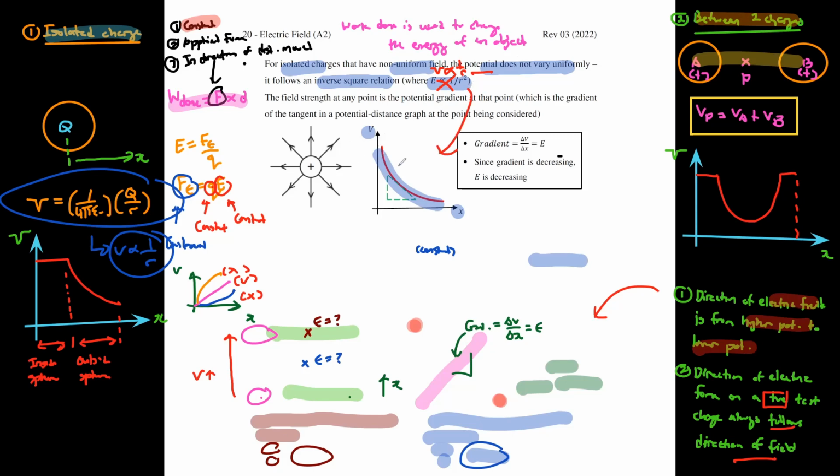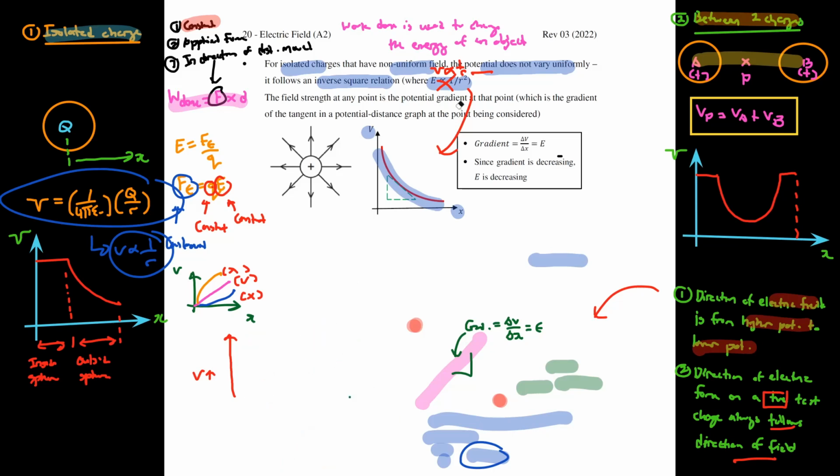Okay, now from that graph of potential versus distance alone, you will actually be able to find out how your field strength varies. That one is again by looking at the gradient of your graph, specifically the gradient of your tangent. If I look at the curve here for potential versus distance, I look at how the gradient changes.